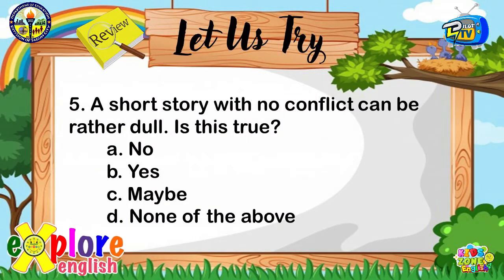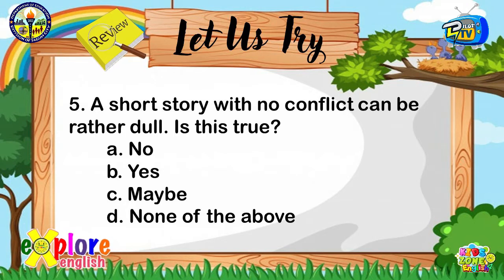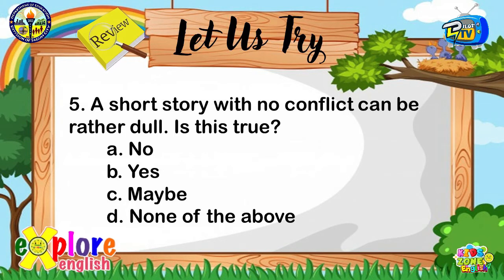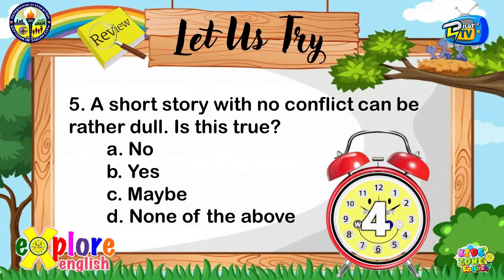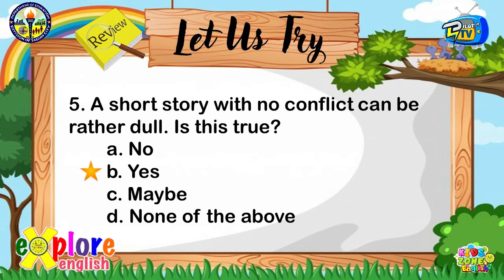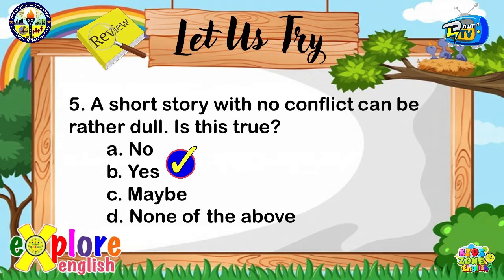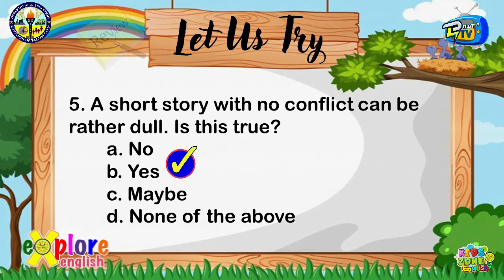A short story with no conflict can be rather dull. Is this true? A, no. B, yes. C, maybe. D, none of the above. Your timer starts now. Time's up! What is your answer? Correct! Letter B, yes.